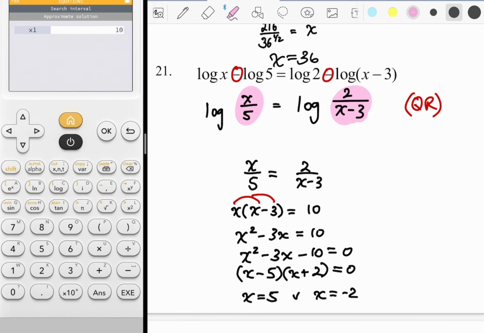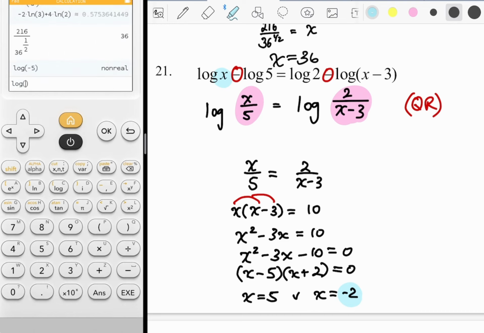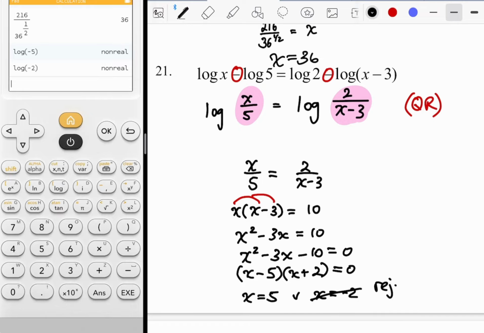If I plug in a 5 for x, log of 5, and log of 5 minus 3, so log of 2. Those are good numbers. Now if I plug in a negative 2 for x here, I'm going to get log negative 2. It's going to say non-real answer. So that negative 2 is no good. I'm going to toss this one and reject it and only keep the other one.